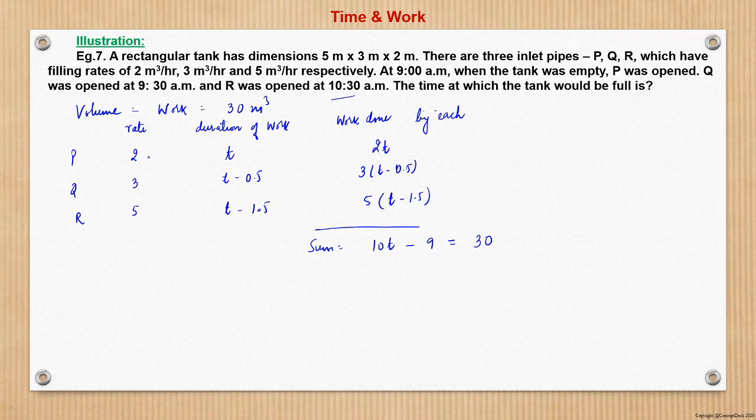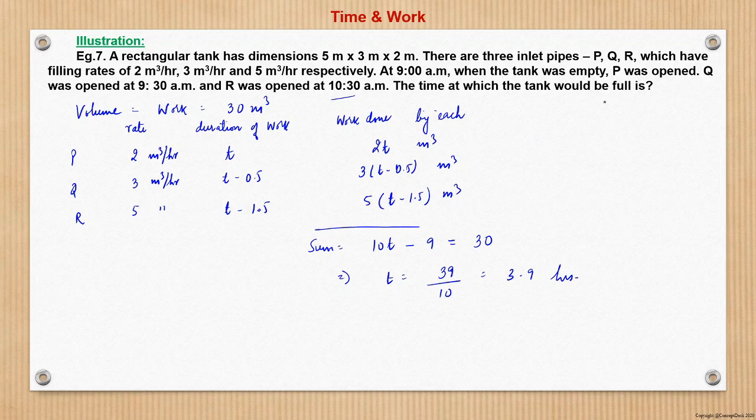So this is here in meter cube per hour. This will be in meter cube per hour into time in hour, so that becomes meter cube, right? So units are same now. So from here we can say T is equal to nothing but 30 plus 9 upon 10, which is 3.9 hours, right?